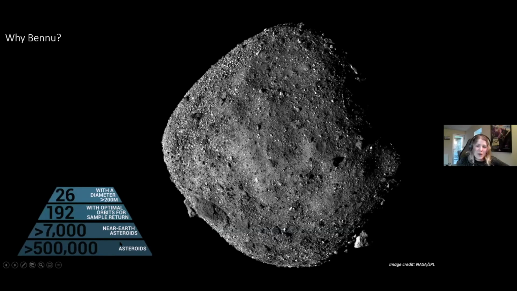Then you want something that's big enough that if you go and collect some sample, it's going to be doable. It's only 26. And only then could they consider the science. Only then could they say, okay, now we can decide which of these are scientifically interesting. And so they picked asteroids that they think looked like these very primitive bodies.